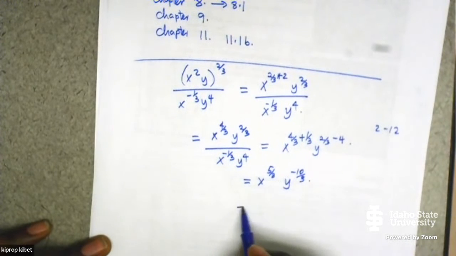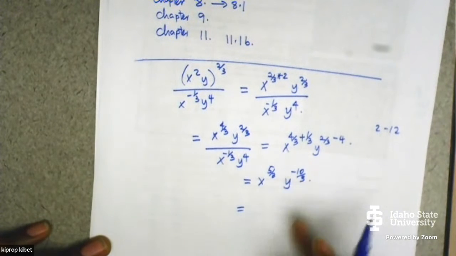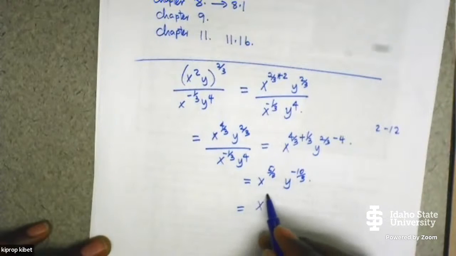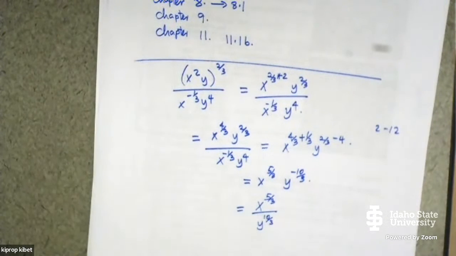Since we don't want this one to be negative, we bring it down. So x raised to 5 over 3, all over y raised to 10 over 3. Now this is in exponent form.